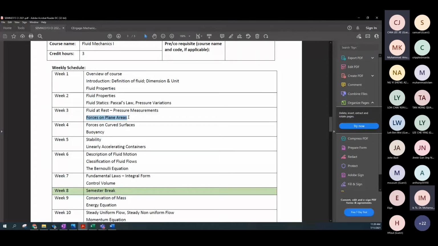Gamma is of the liquid, h is the height from the surface to the centroid, multiplied by the area of the plane, the submerged area.